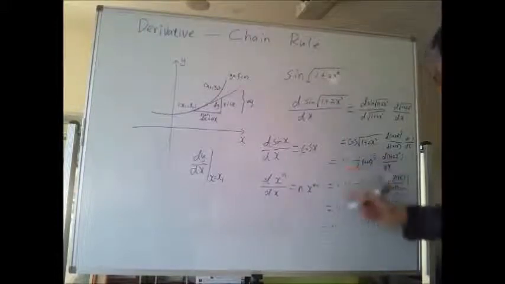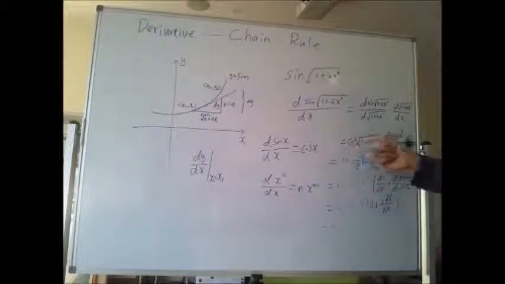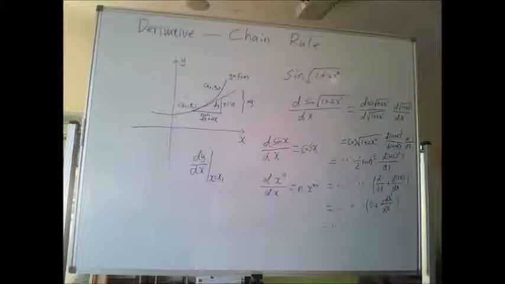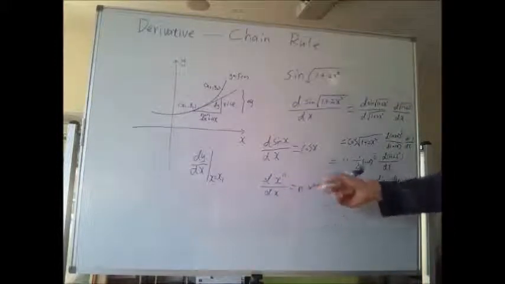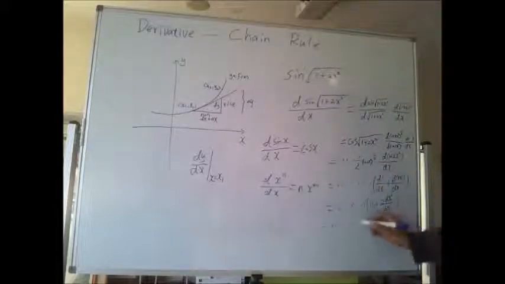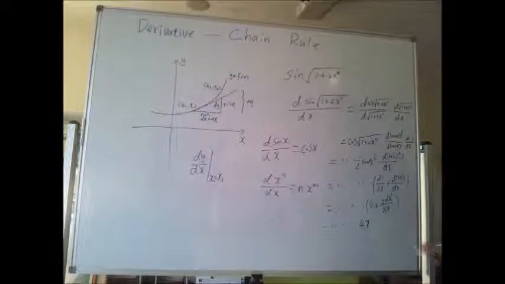Same thing. Then 0 plus anything equals the thing itself, and the derivative of x squared over dx we can find from here would be 2x. So then we will have 4x.